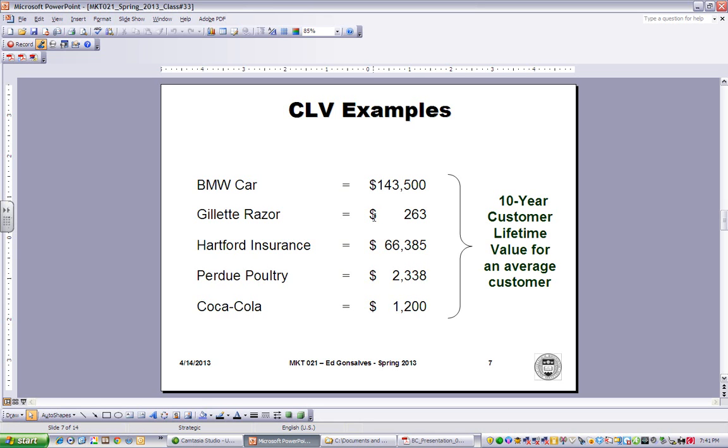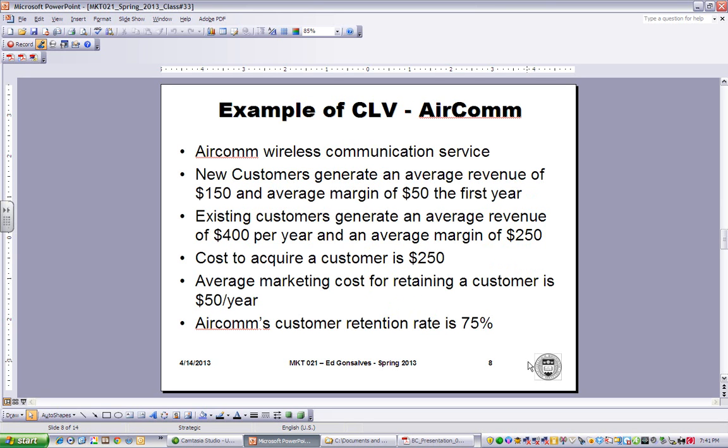That adds up a lot. You can see even things like soda, Coca-Cola. If you have a loyal Coca-Cola customer, you end up seeing a lot of dedication and money that can be made. If someone is a loyal customer and you have them for a long time and you manage your business right, they can generate a ton of profitability for you.